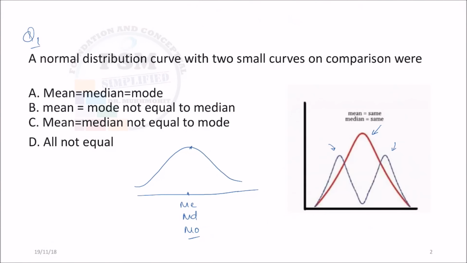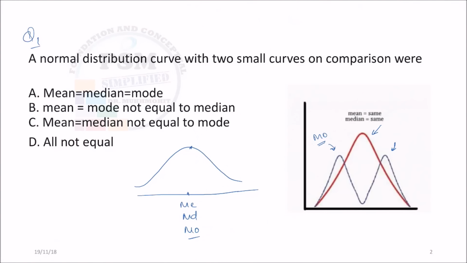But in this case the curve had two peaks. What does the peak correspond to? The peak will always correspond to the mode. What is mode? Mode is the number with maximum frequency.